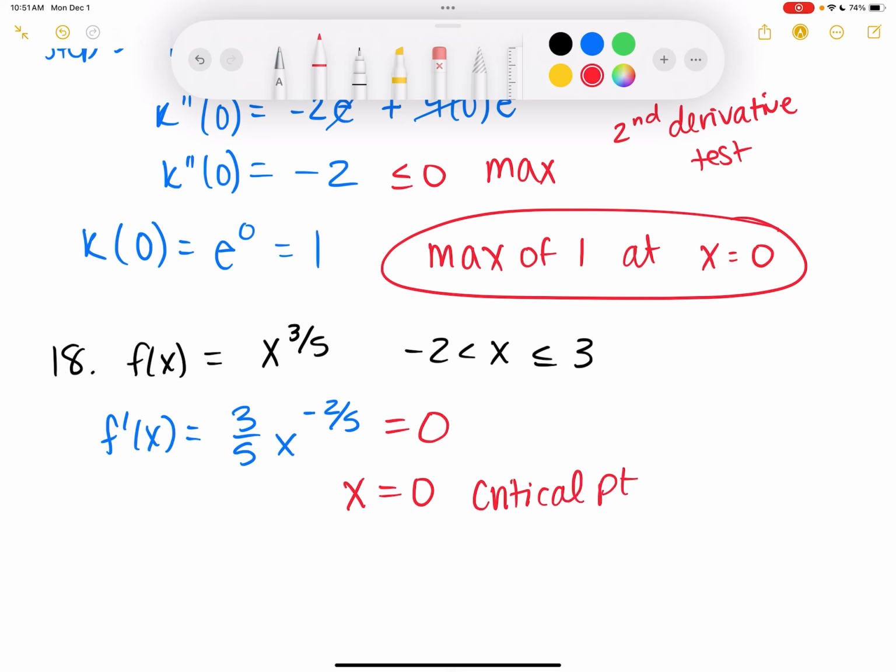So I'm going to be checking my critical point, but I'm also going to check my endpoint here of 3 because that part is closed. So yes, it's a half open interval, but I'm only checking the 3 value. So into the original, we have f of 0 is equal to 0.